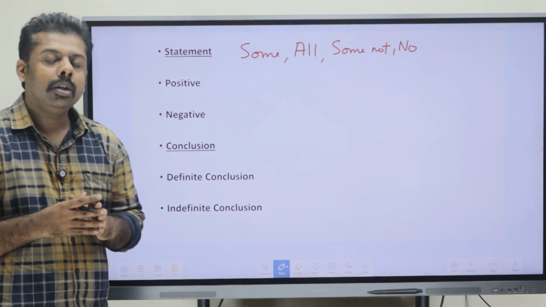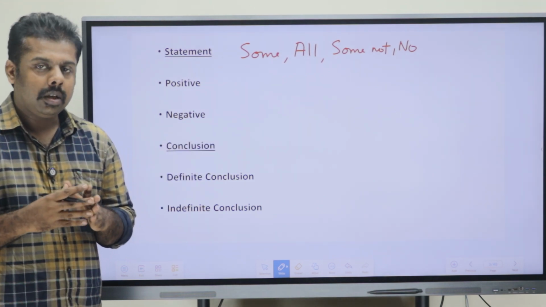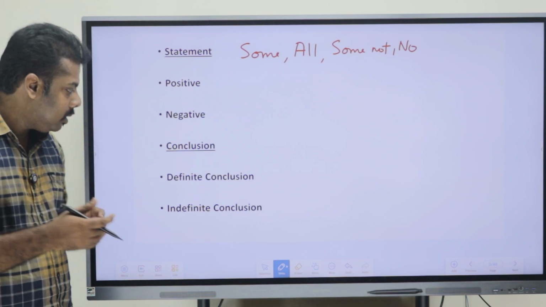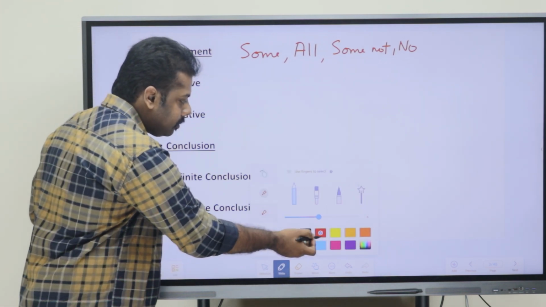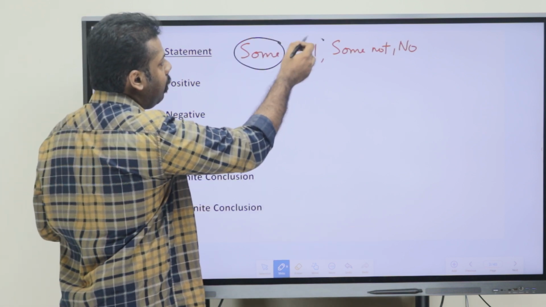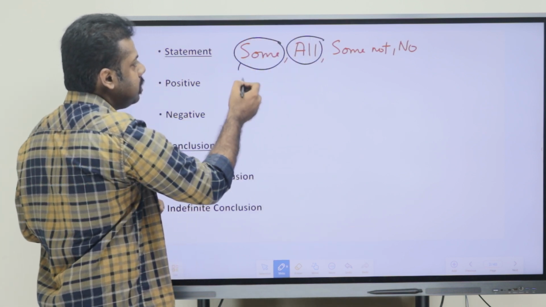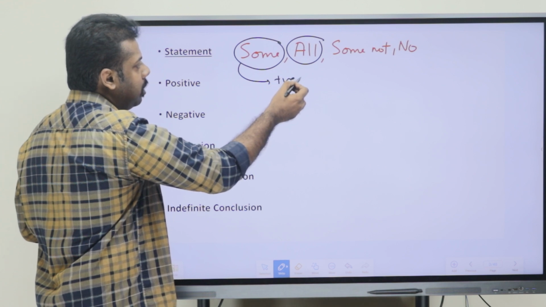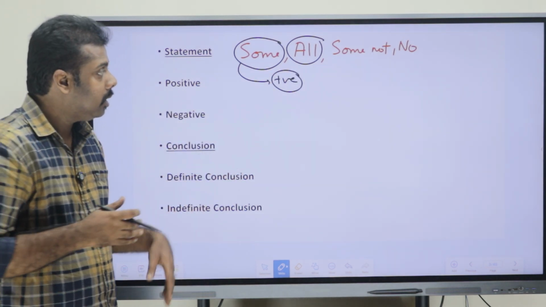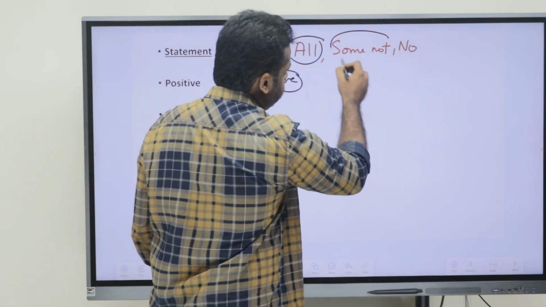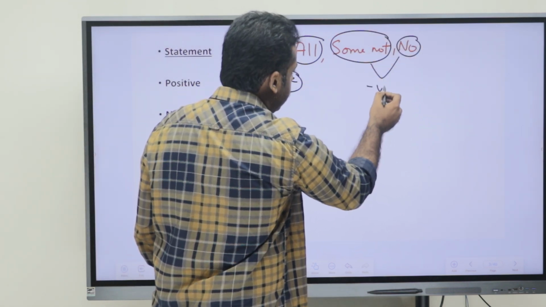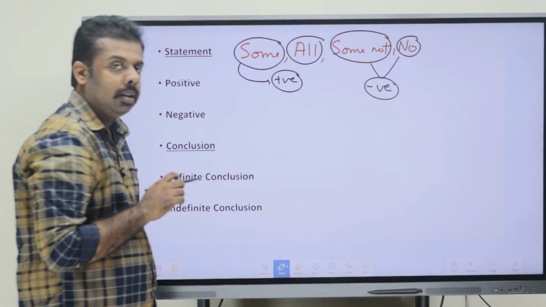If a statement is positive, how can we know? If the statement is starting with some and all, this is called a positive statement, and if the statement is starting with some not and no, then the statement will be called a negative statement.